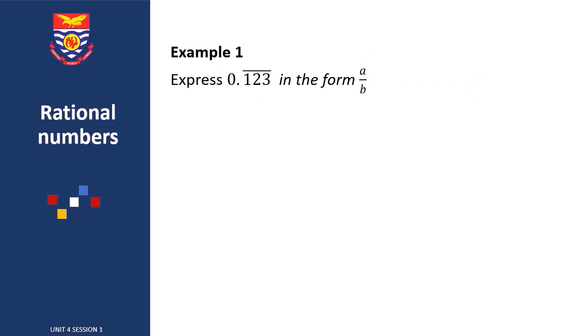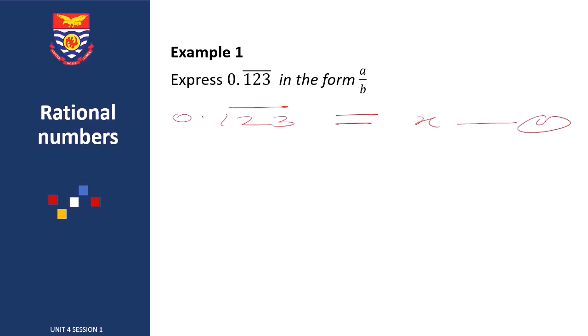Express 0.123 repeating in the form a on b, where 1, 2, 3 repeats. So I have 0.123 repeating, and you want to express this as a fraction. Let 0.123 repeating equal x, and call this equation 1.